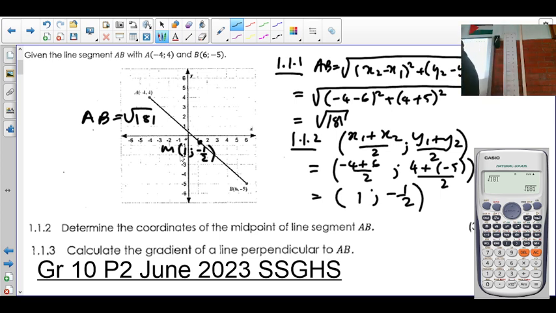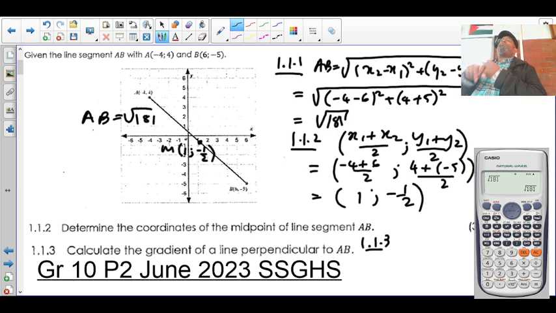So 1.1.3. Calculate the gradient of the line perpendicular to AB. If lines are perpendicular, what do we know? Yes, they multiply to give you an answer of negative 1. But here we are told that they are perpendicular, so the product of the two gradients is minus 1. Just backtrack quickly.